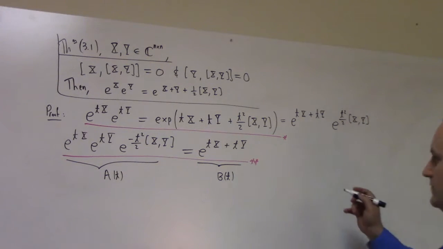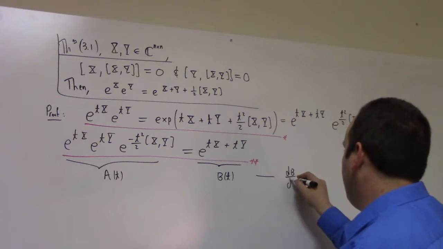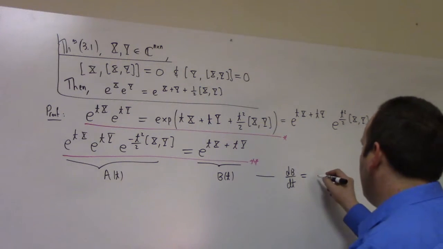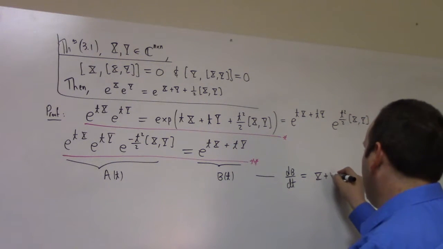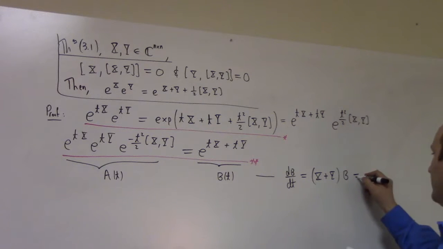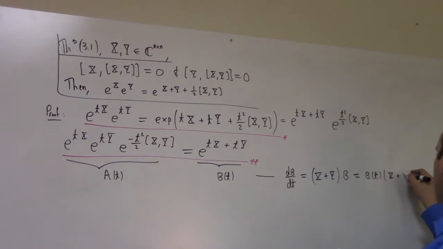So notice from differentiation we have what? dB/dt is equal to what? (x plus y) times B. Or you could write, in this case, you could have pulled the derivatives out on the other side, and let's do that since he does that.